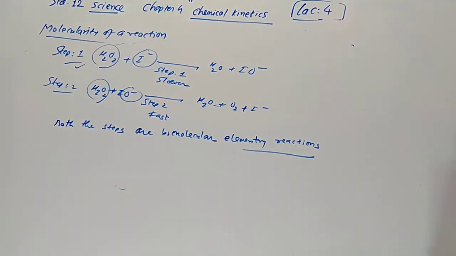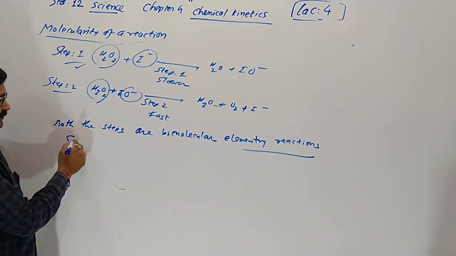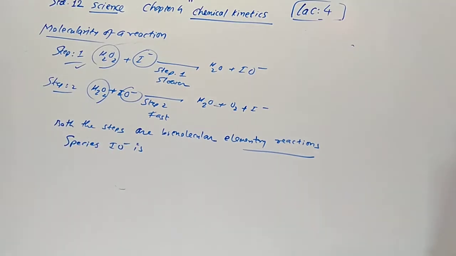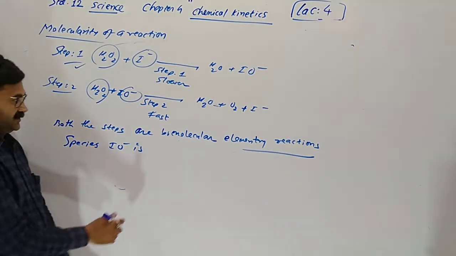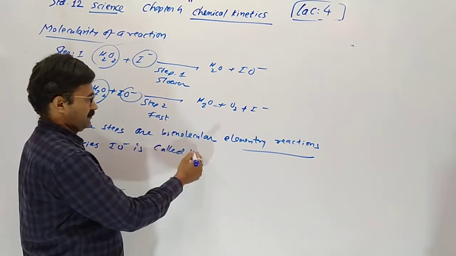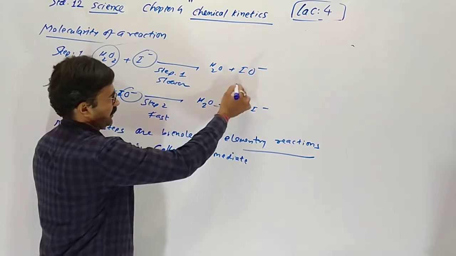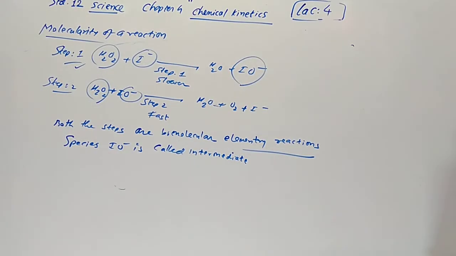Here IO minus is an intermediate. Why intermediate?